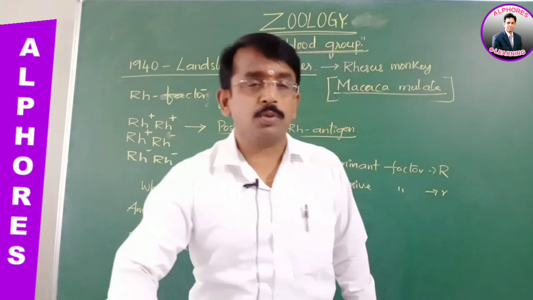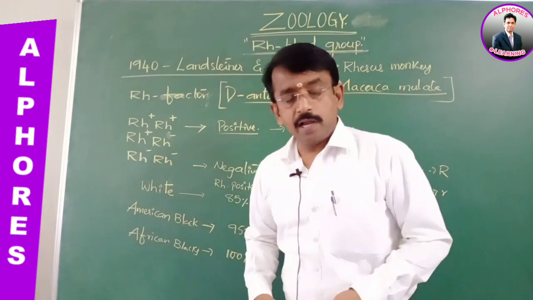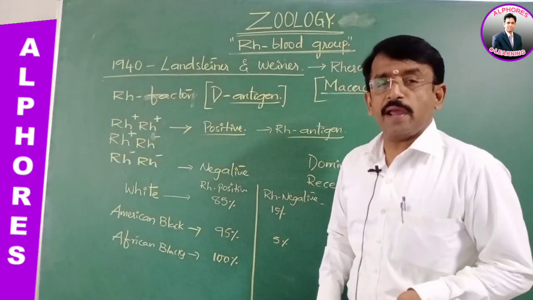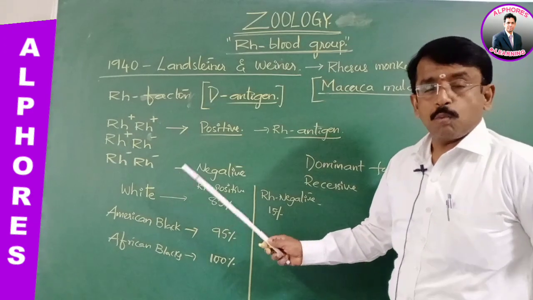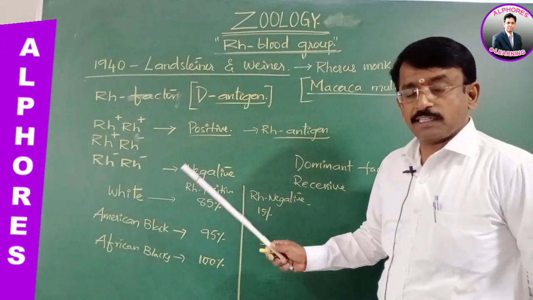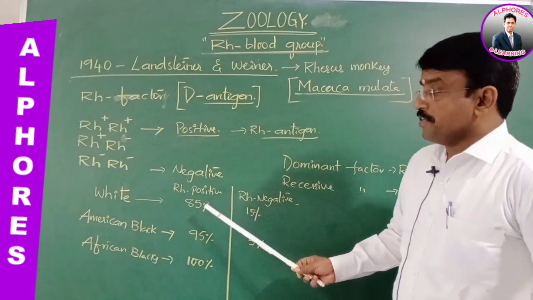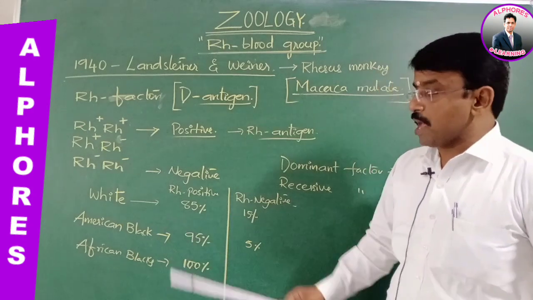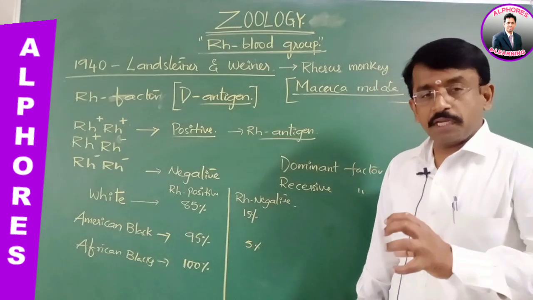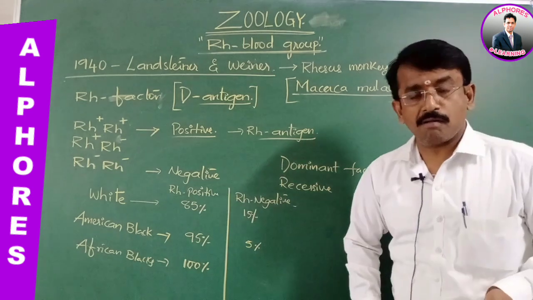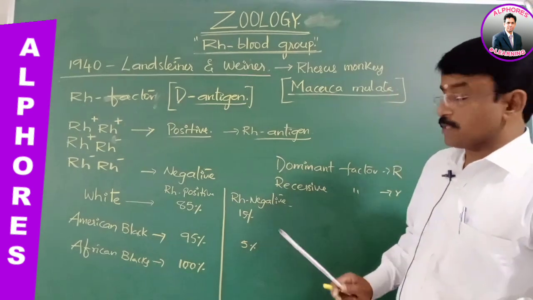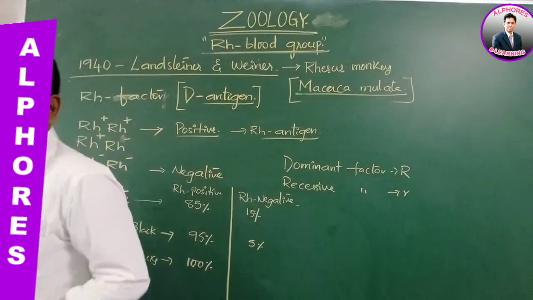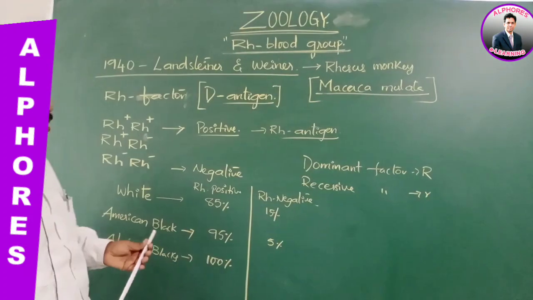So depending upon the race, the Rh condition can be explained. Whites across the world are 85% Rh positive and 15% Rh negative; American blacks are 95% Rh positive and 5% Rh negative; African blacks are 100% Rh positive.